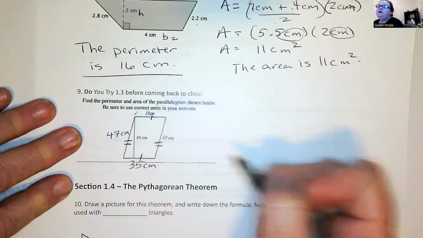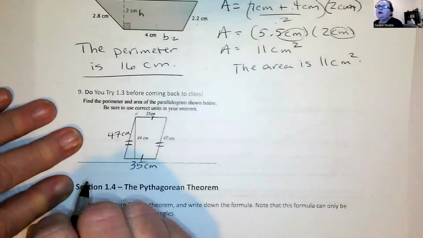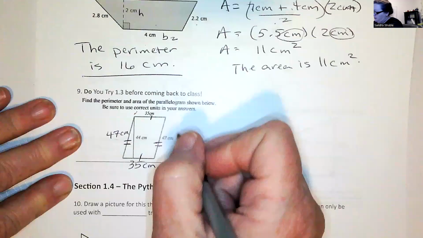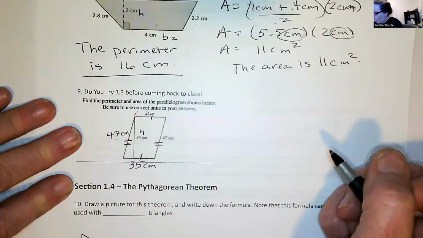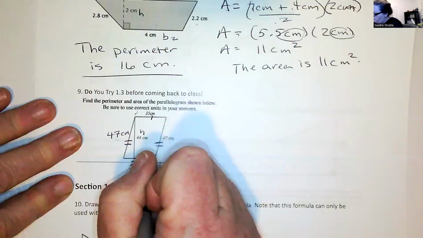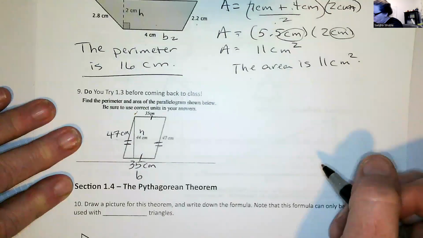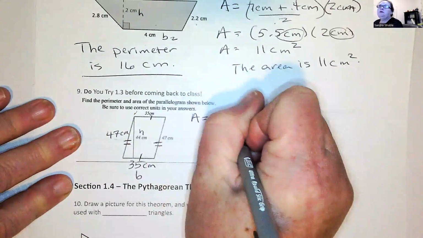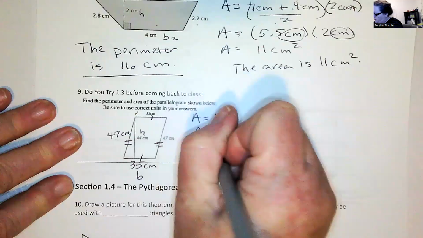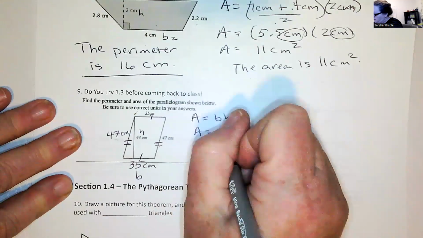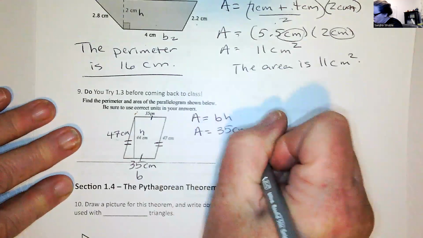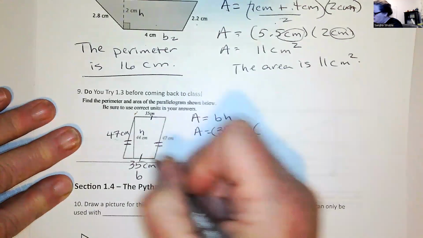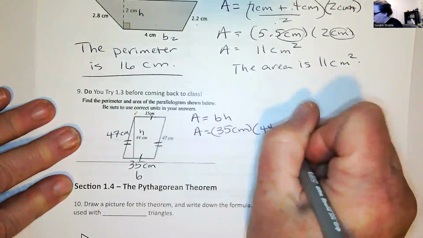The 44 is not part of the parallelogram, and it's representing the height. Okay. All right, we'll consider the 35 the base. The area for a parallelogram is just base times height. So the base is 35 centimeters times the height, 44 centimeters.